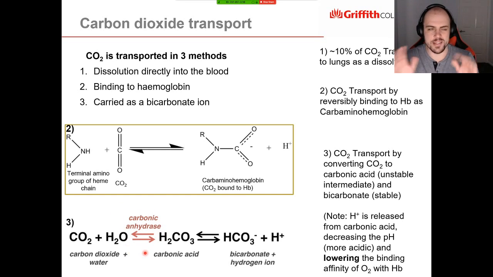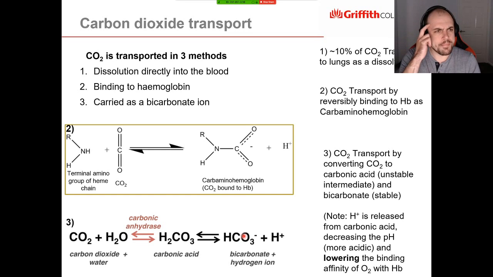So I know this is a lot of chemistry, guys, bear with me. Now, what's going to happen is that this hydrogen is going to be released. The definition of an acid is the ability to get rid of these hydrogens. So what this means is the process of creating energy and releasing carbon dioxide makes it more acidic.